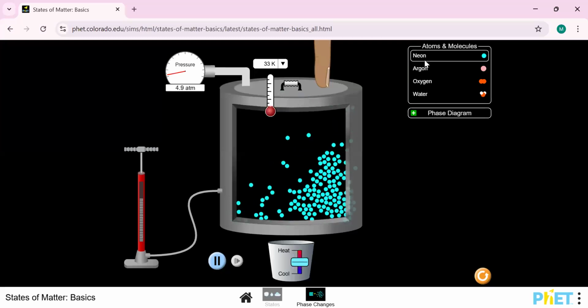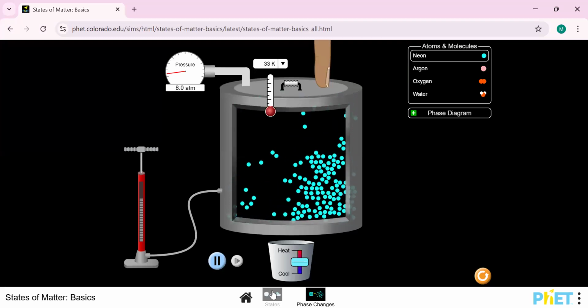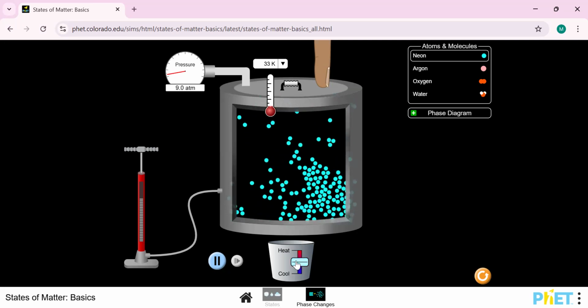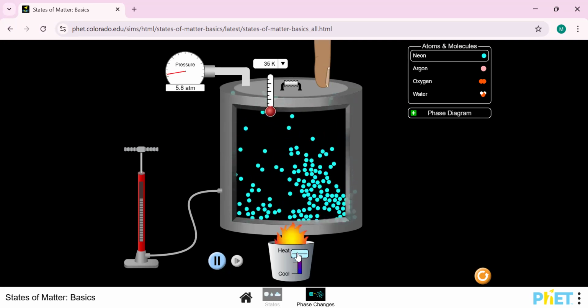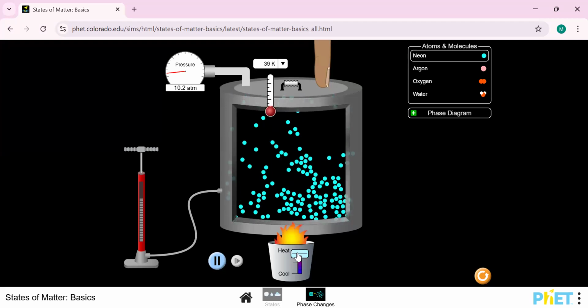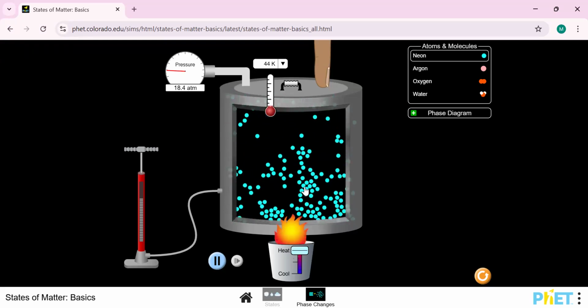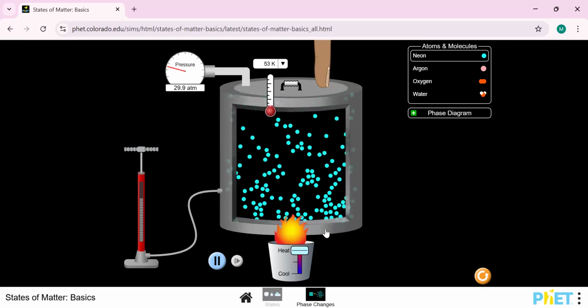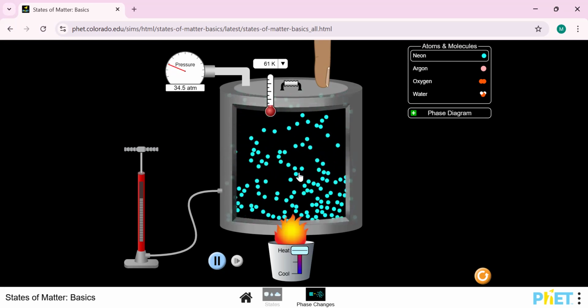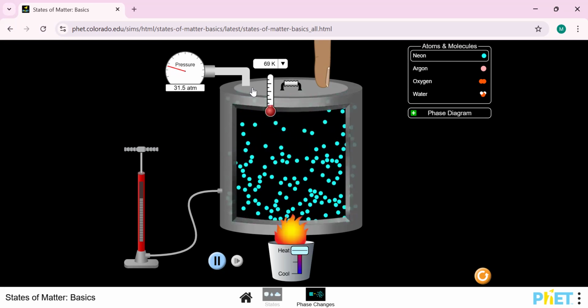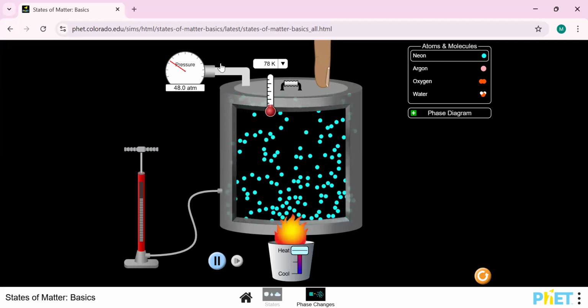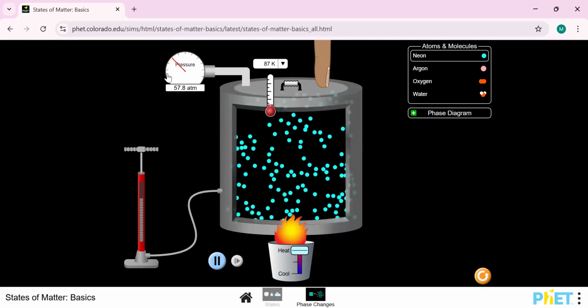Next, I'm choosing neon. I'm going to heat this. So these materials are heated. I'm going to boil this area. The temperature is increased as well as the pressure.